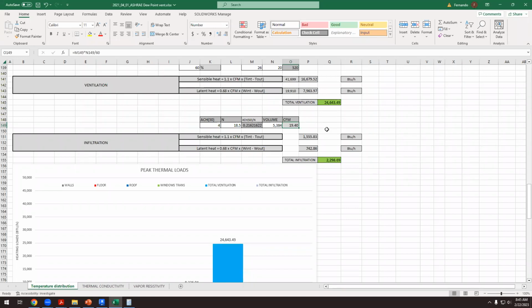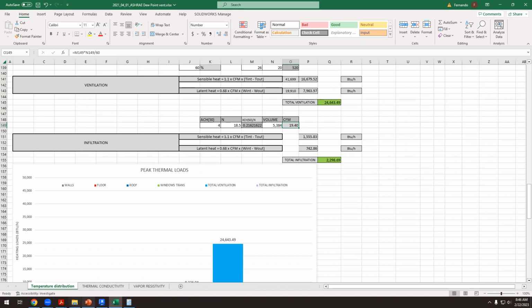So that's the explanation of the infiltration rate. And now, with this CFM, we have to go to ARCH360 and calculate the sensible and latent heat.